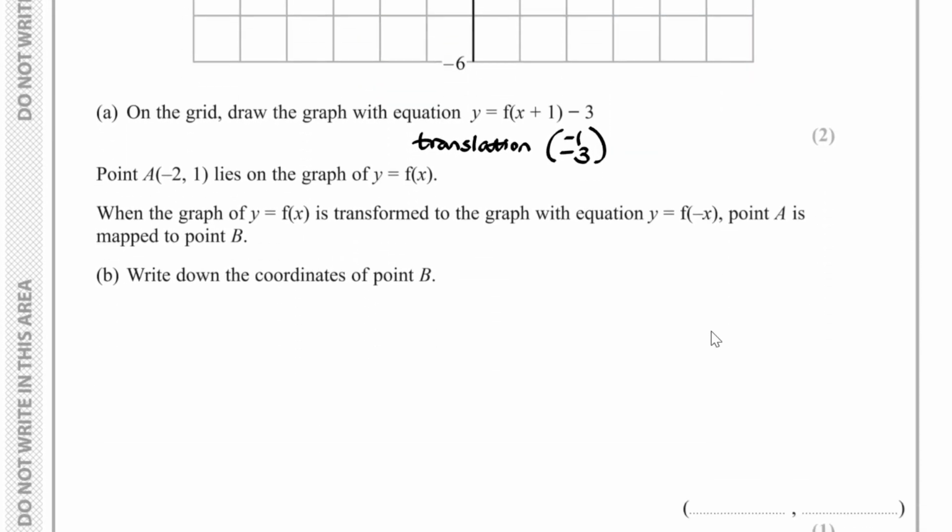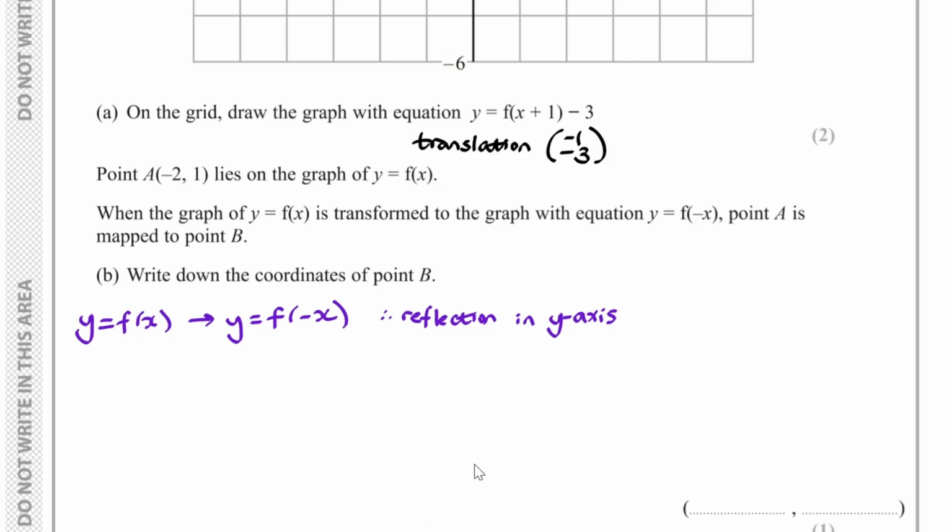Okay, so now for part B, the point A with coordinates minus 2, 1 lies on the graph of y equals f of x, and when the graph of y equals f of x is transformed to the graph with equation y equals f of minus x, point A is mapped to point B. We have to write down the coordinates of B. Well, going from y equals f of x to y equals f of minus x, straight away you should be thinking to yourself, this is a reflection in the y-axis.